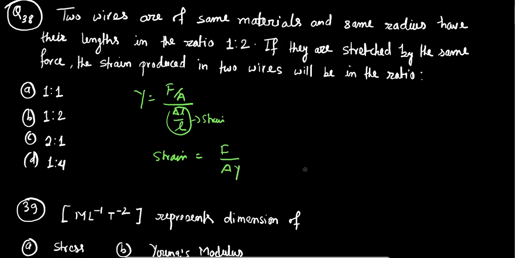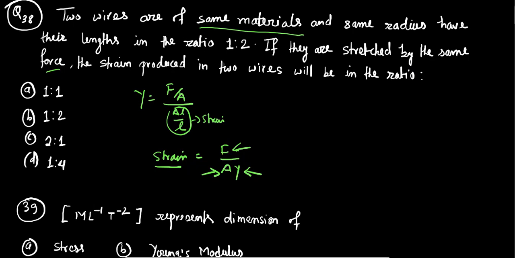Okay, now from this particular relation we can see that strain depends on the force, the area of cross section, and Young's modulus. And from the question we are given that they are stretched by the same force, that means force is constant, and having the same material, which directly says that Y or Young's modulus is constant, and strain depends upon the area.